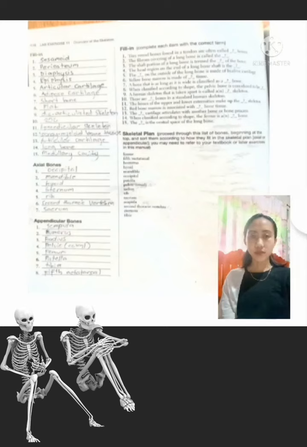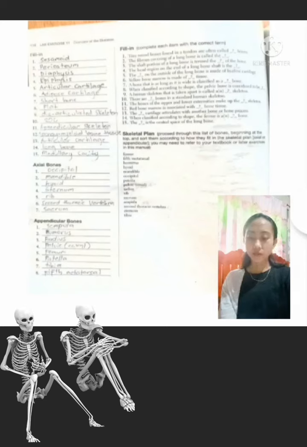The answer is short bone. And number 8, we classify bones according to shape. The pelvic bone is considered to be blank. The answer is flat. And number 9, a human skeleton that is taken apart is called a blank skeleton. The answer is disarticulated skeleton.